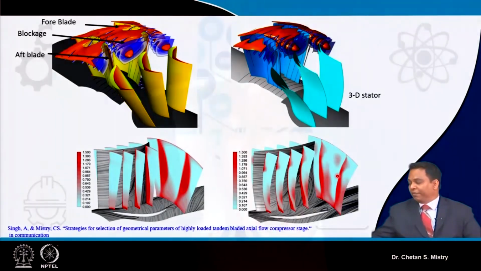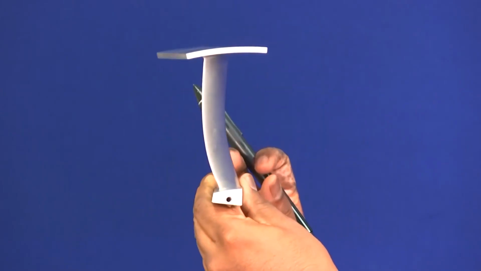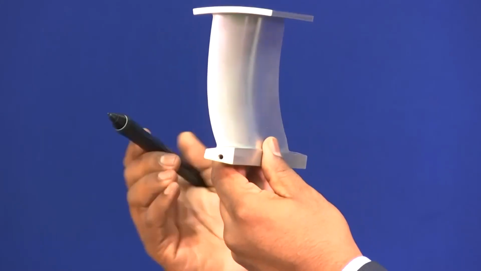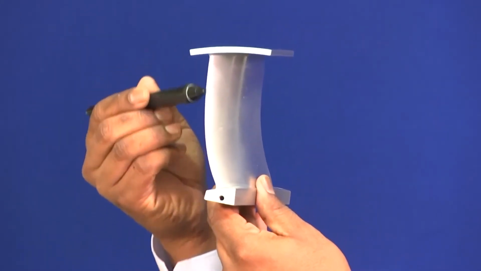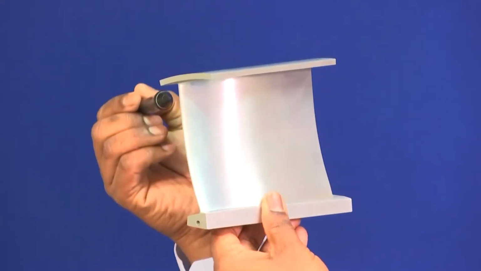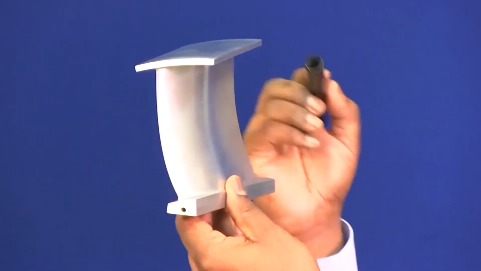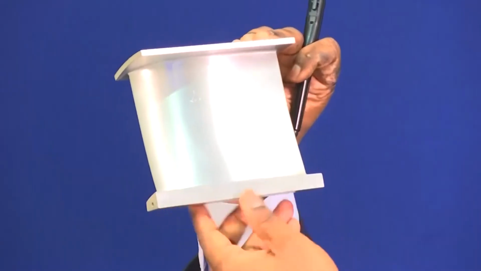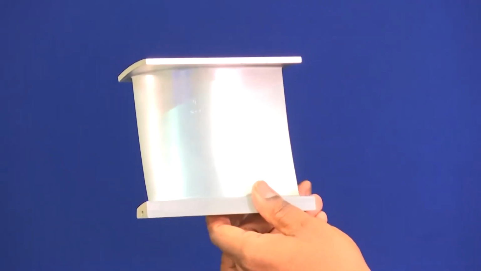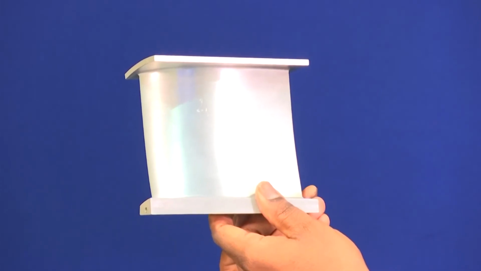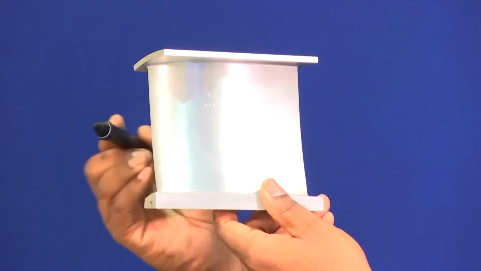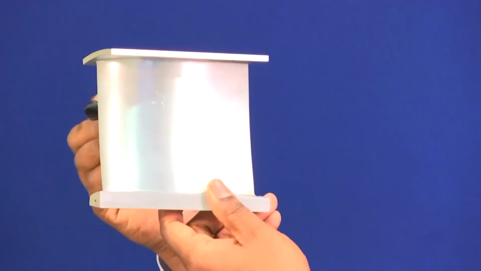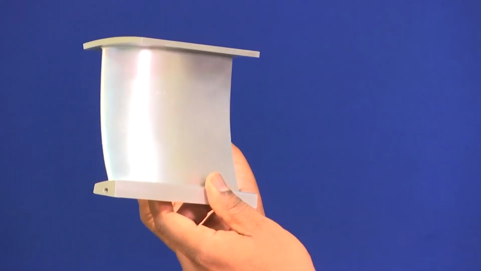This is the stator which has been designed downstream of my tandem bladed rotor. Here this is my leading edge, and the whole blade has been stacked about the leading edge, with a three-dimensional shape to this blade. One interesting case: because our tandem bladed rotor has a high deflection angle, to get the exit to be axial we need a specific design of this stator.